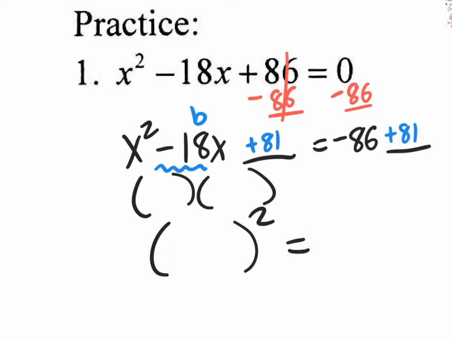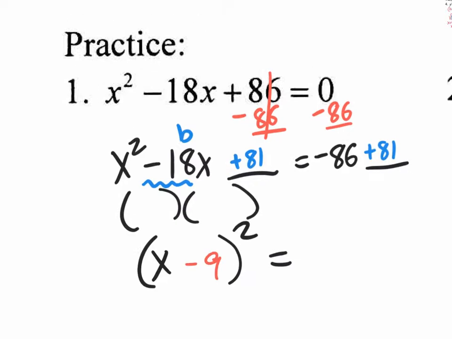So on the binomial squared part, I'm going to put an x right there. And the missing value right here is simply going to be half of whatever your b is. So what's your b? Negative 18. What's half of that? Negative 9. So we need a negative 9 right in there.